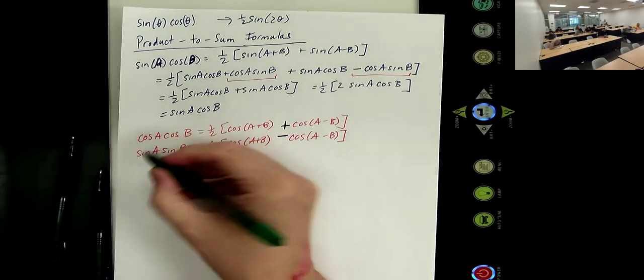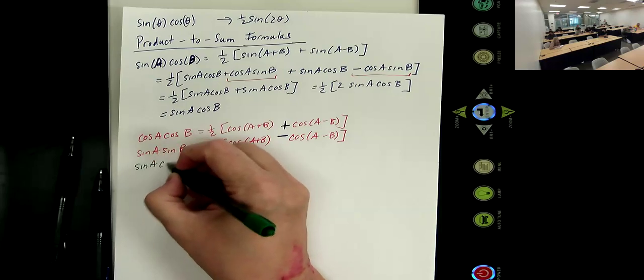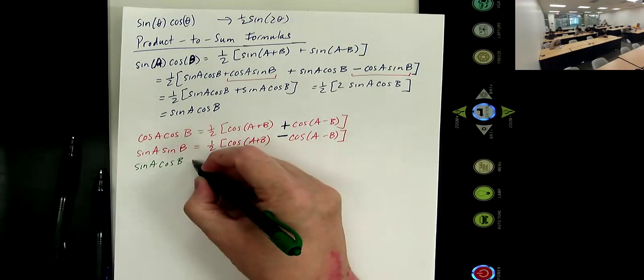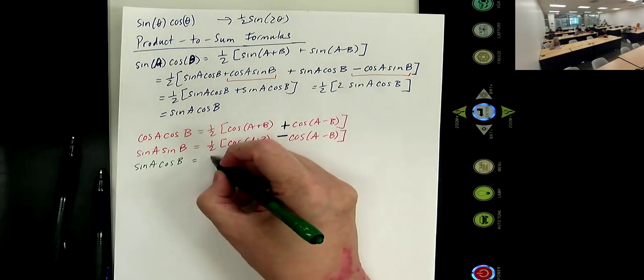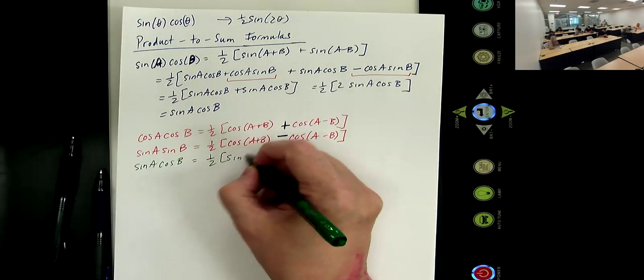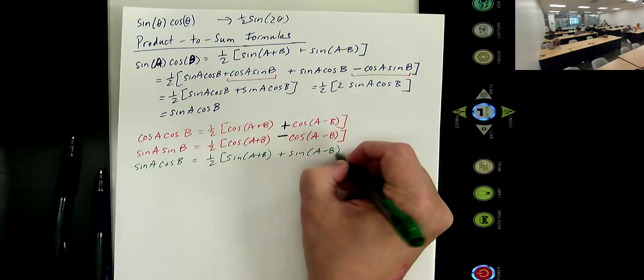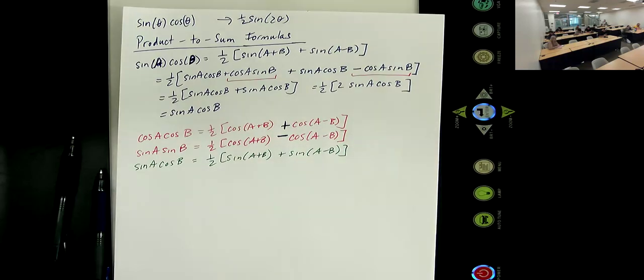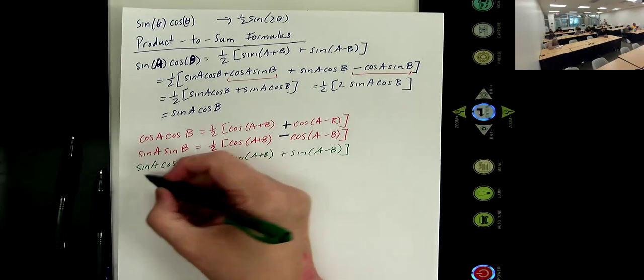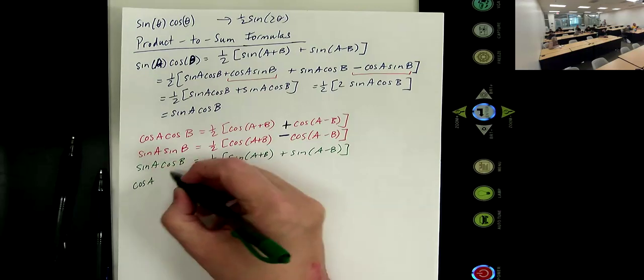When the trig functions don't match, like we had above, sine A cosine B is 1/2 sine A plus B plus sine A minus B. And this seems silly, and I'd have to work them out to see why they're different.